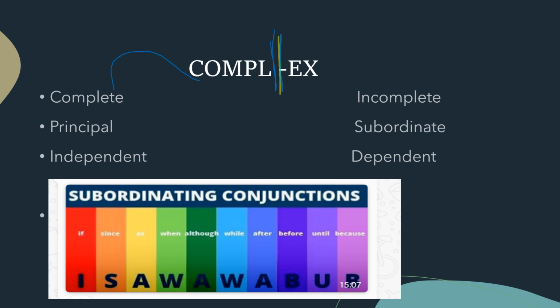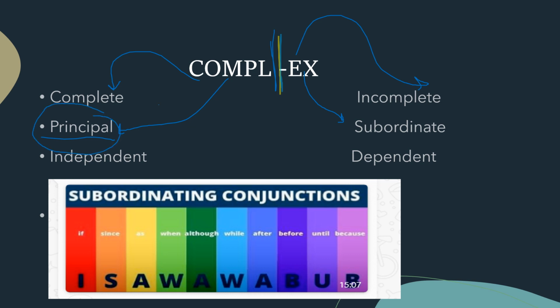Comple means complete, X means incomplete. Compel is principal, X is subordinate. So when I talk about these two terms, principal means main or important, most important. This principle is different from the principles. Okay, please check the spellings. We can also remember this as the head of the institute.